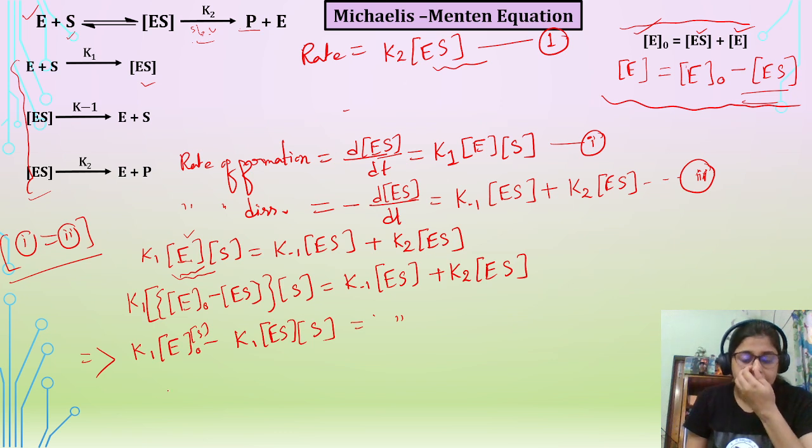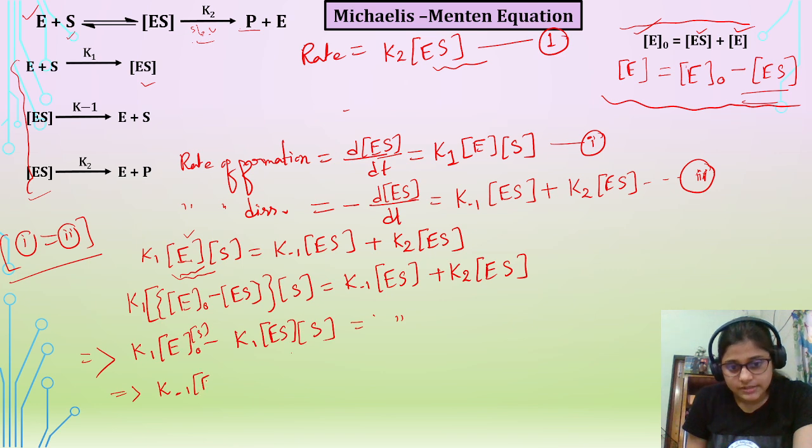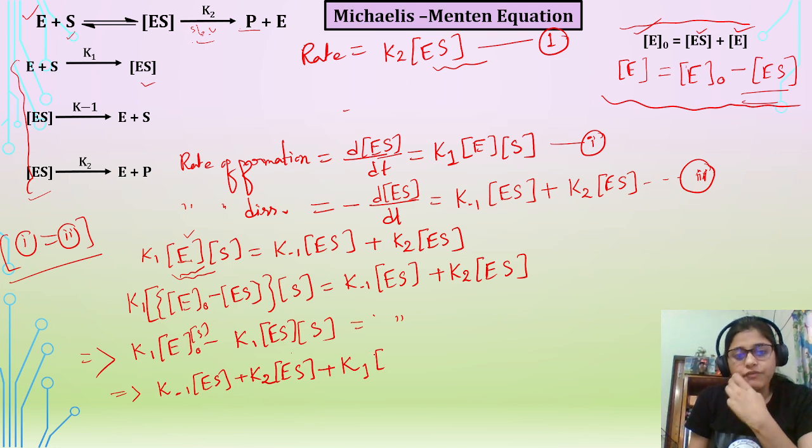Now the ES concentration we have to keep on the same side, and I am taking the left-hand side as this. So it will be K inverse ES plus K2 ES, and plus K1, K1 was there, right?